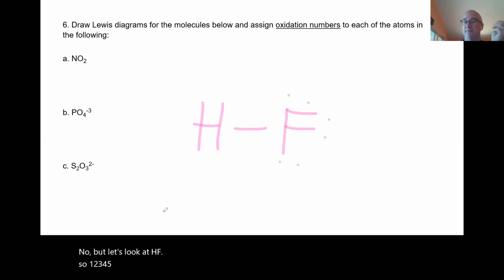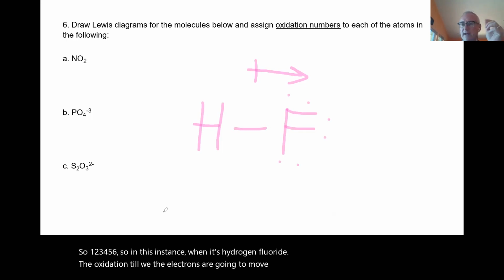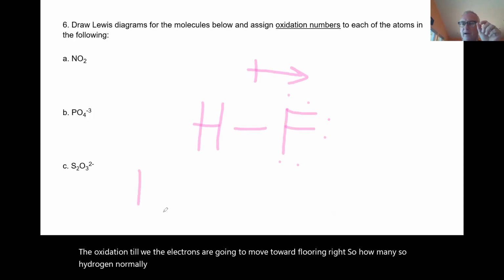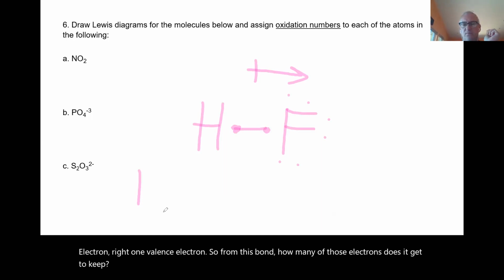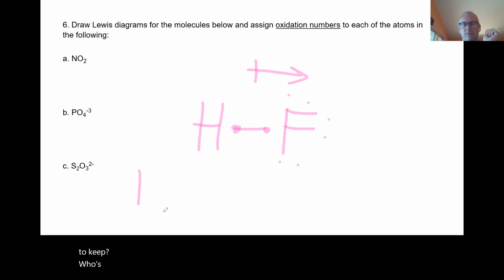So in this instance, when it's hydrogen fluoride, we know the electrons are going to move toward fluorine, right? So hydrogen normally has 1 valence electron, right? From this bond, how many of those electrons does it get to keep? Who's more electronegative? Fluorine.